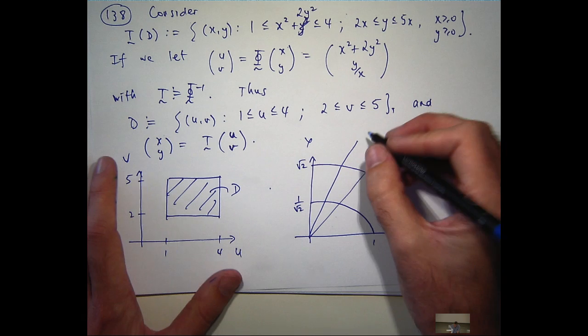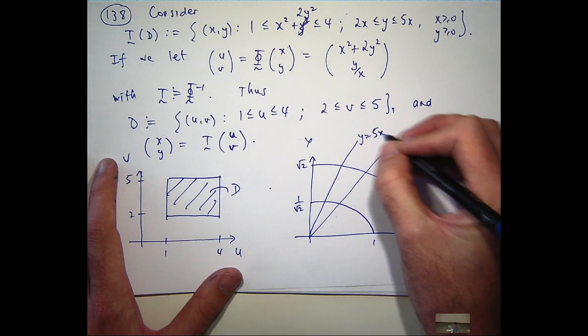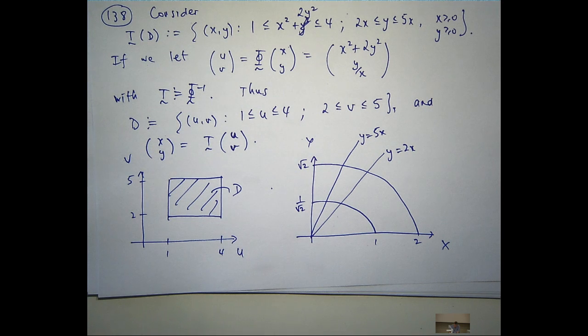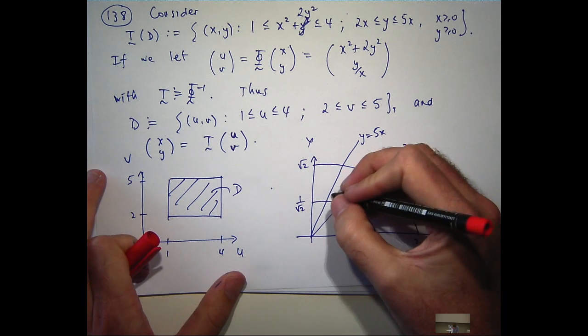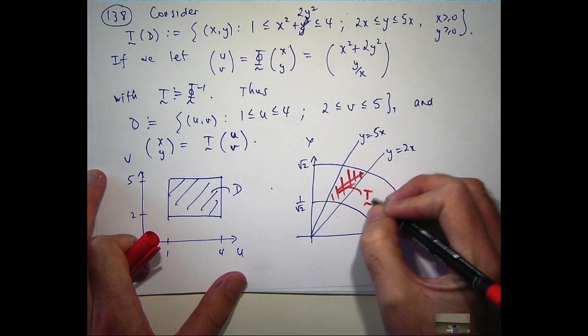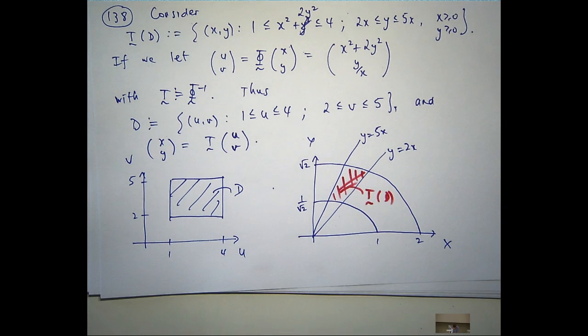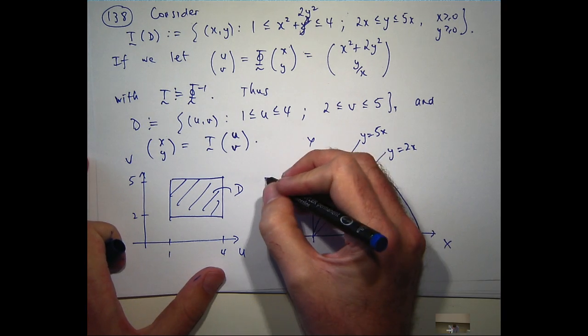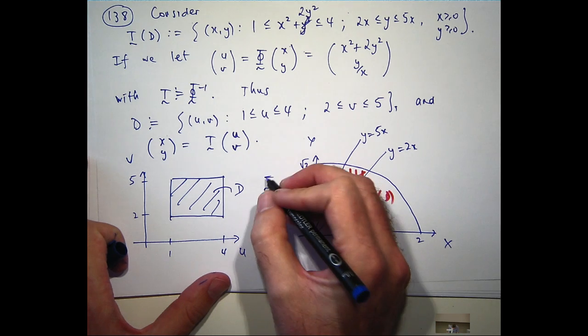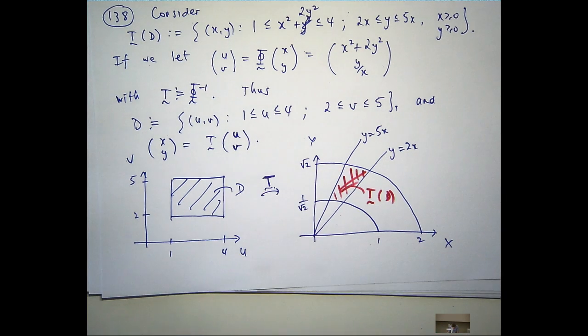Again, drawn rather dodgily. So your T of D is just here. Okay, so think of T mapping between the two coordinate systems.